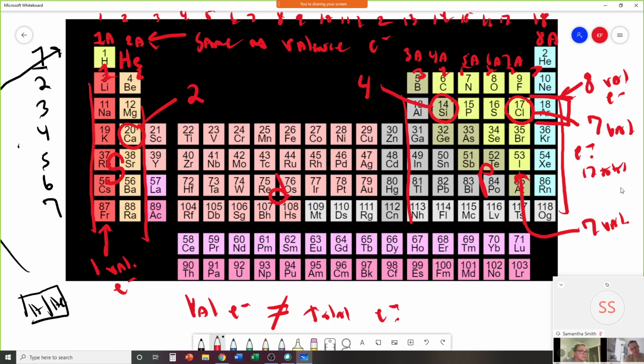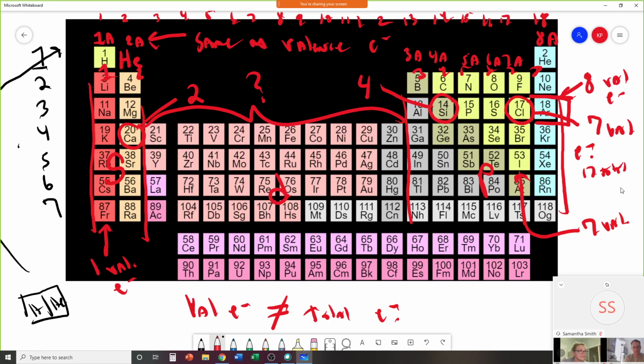Okay, now what about these guys in the middle? You're going to love this. Don't worry about it. All right, valence electrons for your transition elements depends on who you ask and what you're doing for the transition elements.